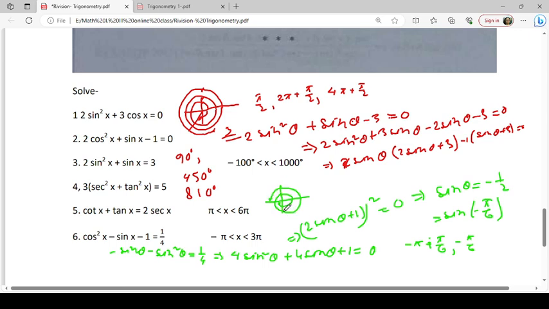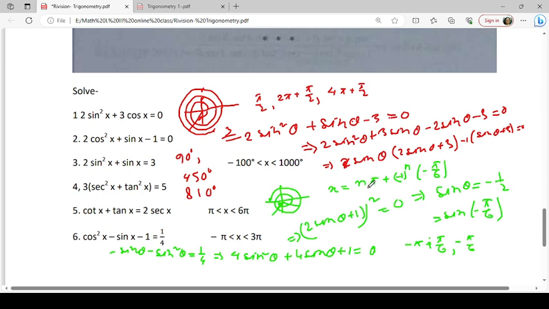So our angles are negative, so this is minus pi plus pi by 6, then minus pi by 6. Or we can write by the formula, x is equal to n pi plus minus 1 to the power n into minus pi by 6.